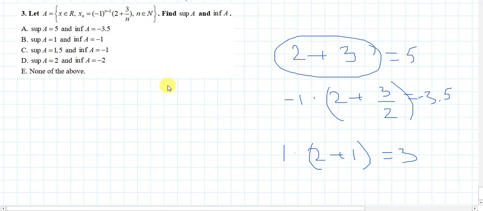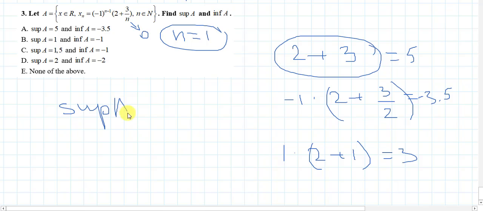We can see here that 3 over n tends to 0 as n goes to infinity. So 2 plus this, the greatest value is when n is 1. In this case, it takes the greatest value, which is 5. So 5 is supremum of A. This is the least upper bound.